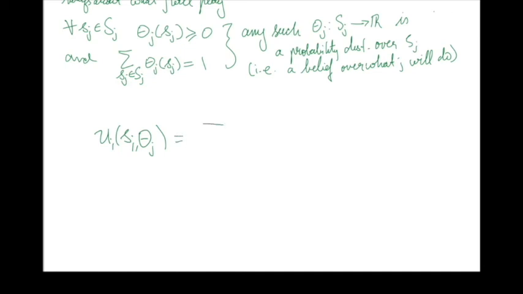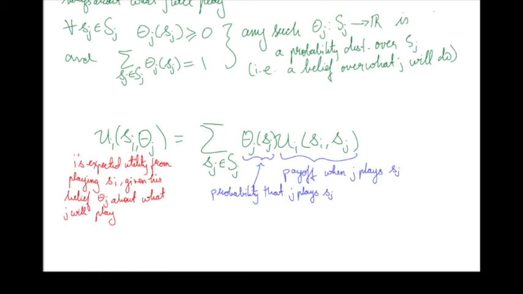For each possible strategy that player j could follow, we look at the utility that player I would get playing Si when player j plays Sj, and we multiply that by the probability that j is going to play Sj. So this is the expected value of the payoff of player I when he plays Si, and the random variable is Sj.